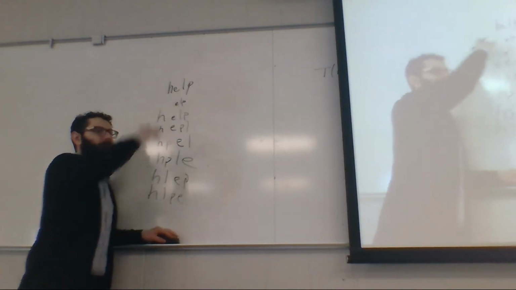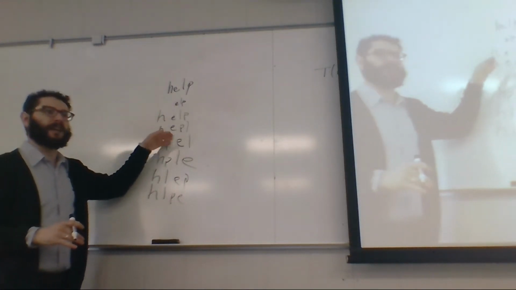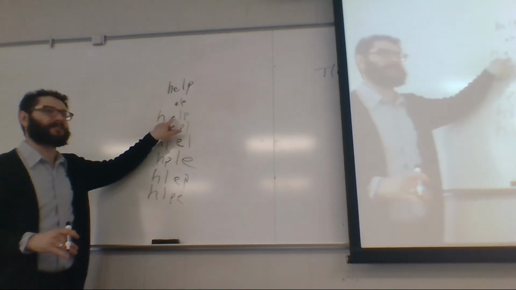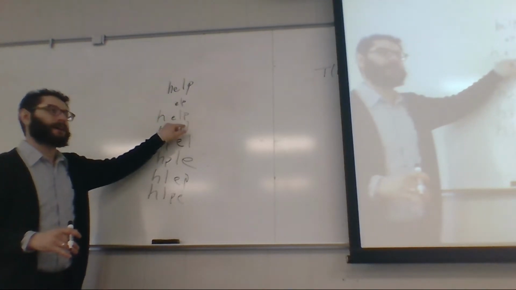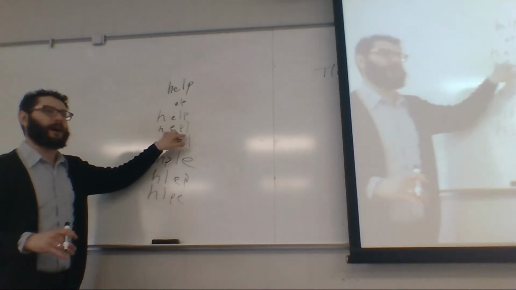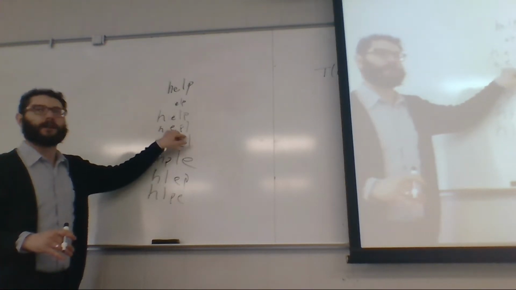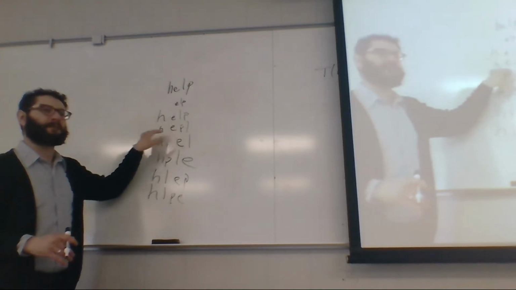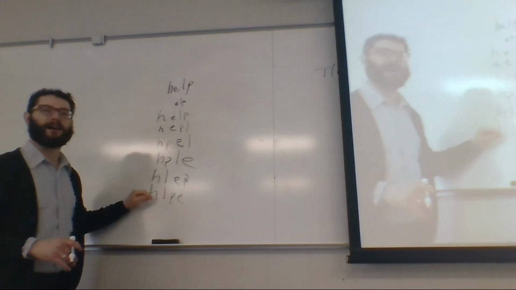To figure out all the ones that start with H, I need all the ones that start with H and E. To figure those out, I want all the permutations that start with H, E, L, and then all the permutations that start with H, E, P. Once I figured out all the ones that start with H and E, I went on to HP, then to HL.